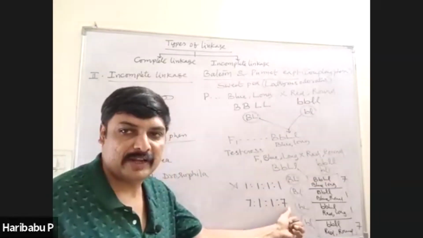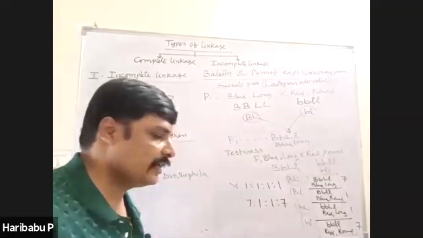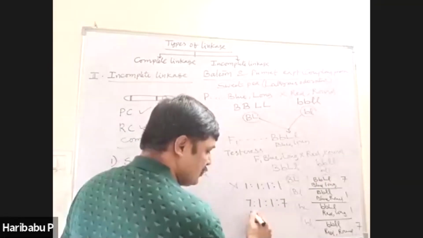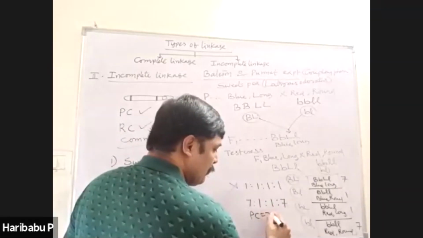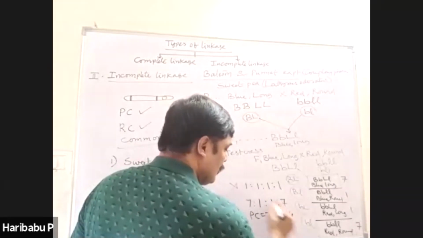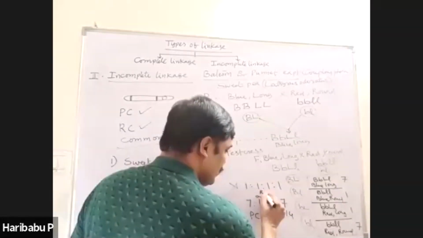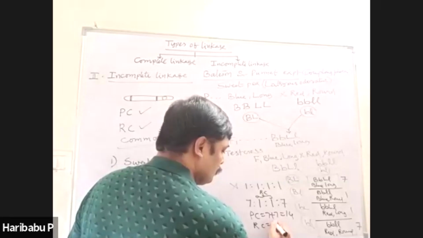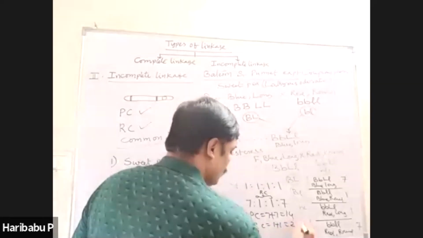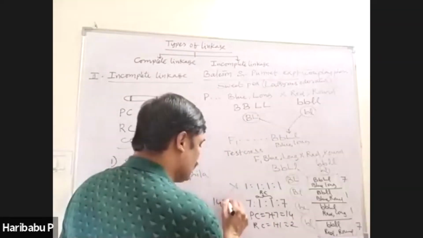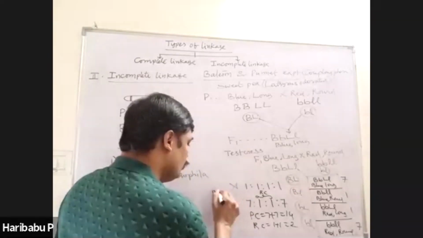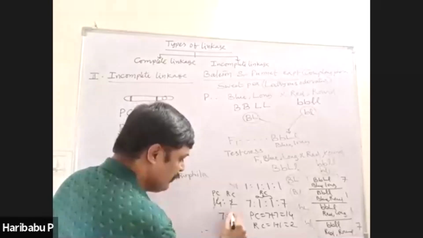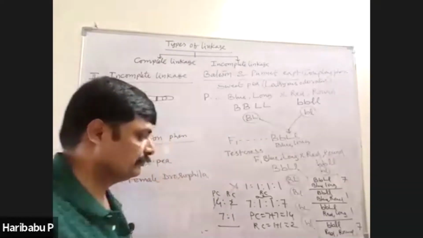This is the coupling ratio, indicating that 7 and 7 are parental combinations. 7 plus 7, 14. These two are recombinations, that is 1 plus 1, that is 2. That means 14 parental combinations and 2 recombinations. As a result, 7:1 are obtained.